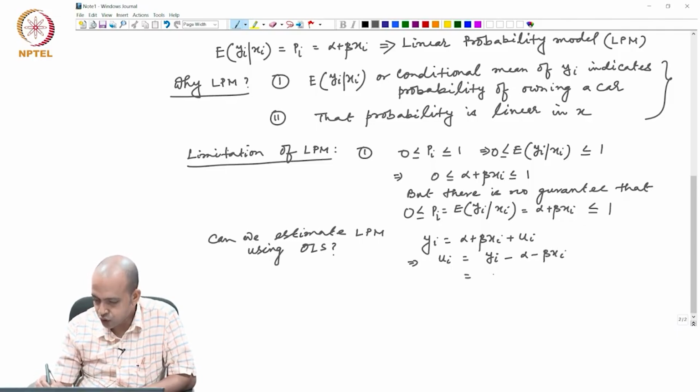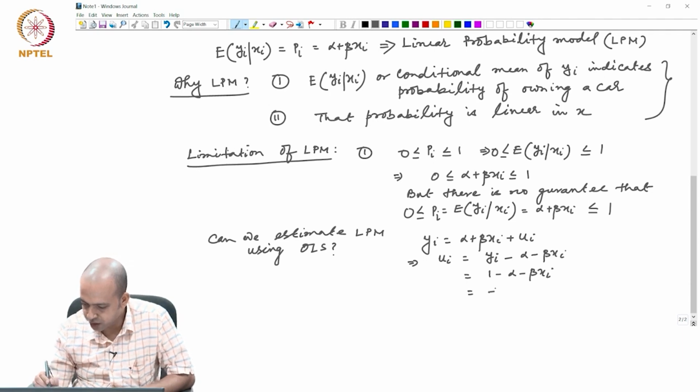So, it equals either 1 minus alpha minus beta xi when yi equals to 1, or minus alpha minus beta xi when yi equals to 0.